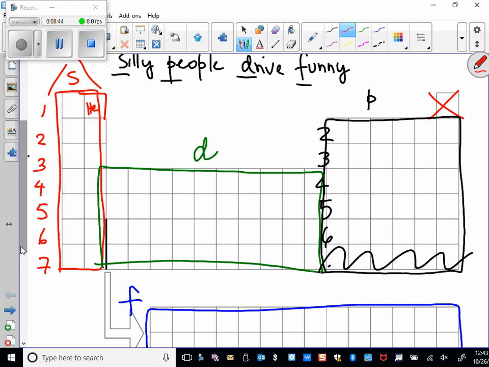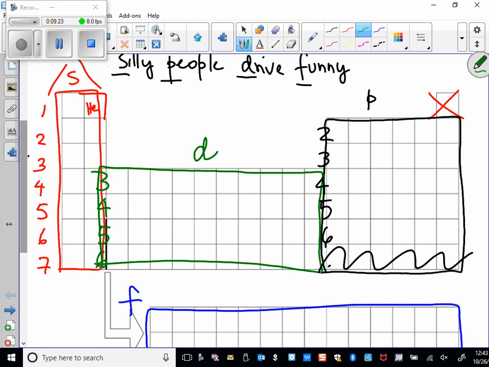So S starts at 1, P starts at 2. Where do you think D will start? 3. Yes, this is 4, but this is 3. So D starts at 3: 3, 4, 5, 6. Why is it like that? Because of the weird shapes, the energy level depends on how much the nucleus can pull the cloud in.